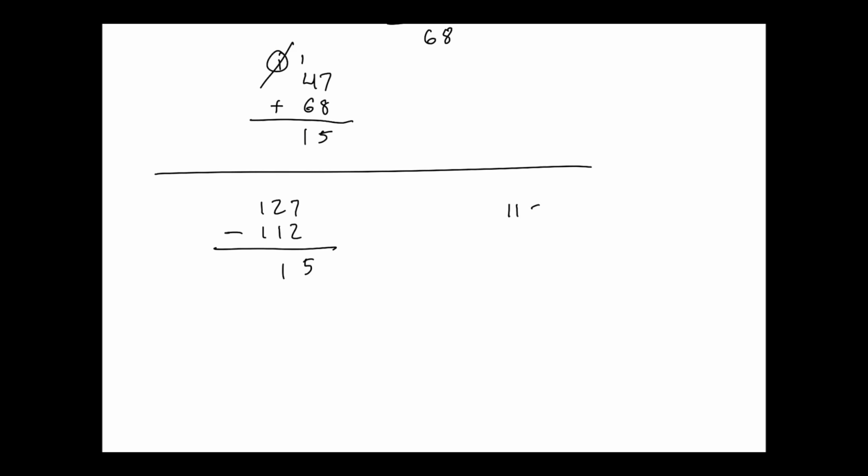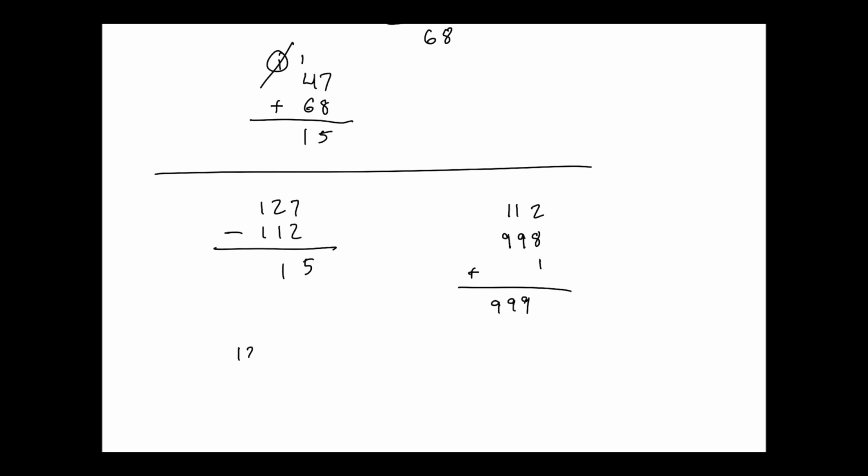All right, so 112, what are the pairs for all of the digits? 1 paired with 9, 9, and 8. Yes? Okay, and then I'm going to add 1 to that. So in this case, I get 999.